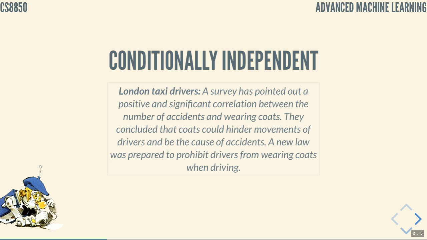A new law was prepared to prohibit drivers from wearing those coats, until people realized that people wear coats when it's raining. And when it's raining, the roads are slippery and there are more accidents. So that's another good one.